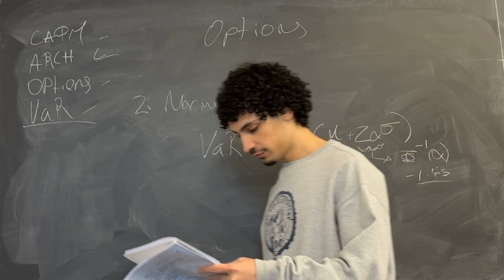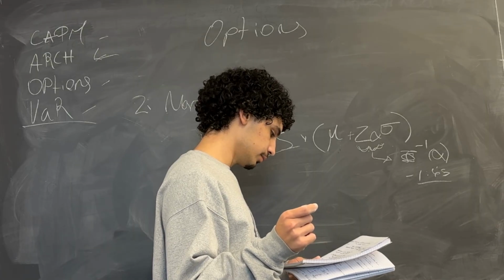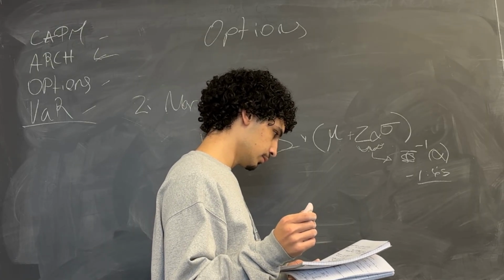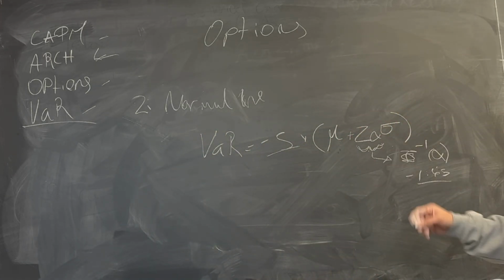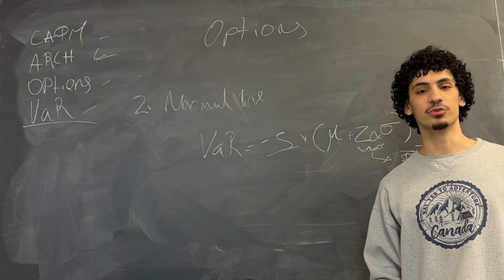But what it's bad for is that this doesn't account for the other side of the 5%, the 1% chance of how bad it can really be.